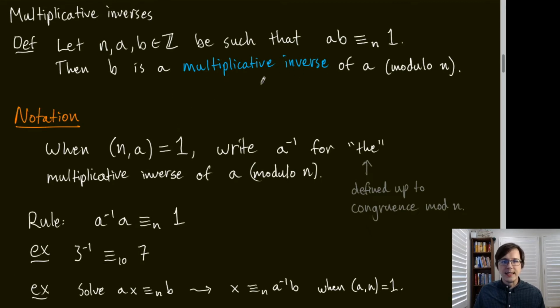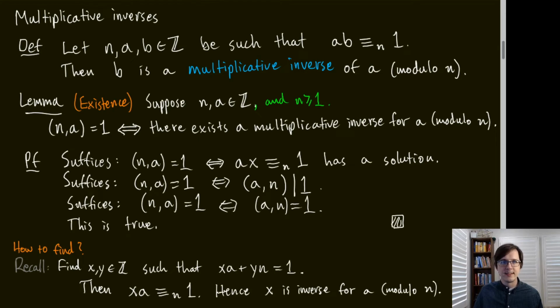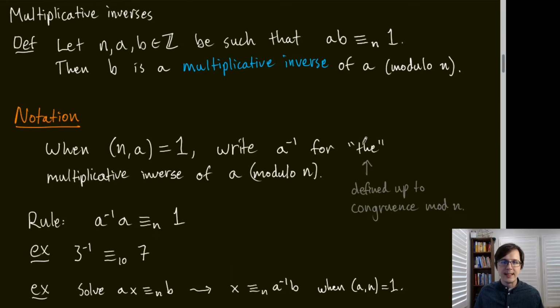Given that we know that inverses are unique up to modulo, and also the condition when they exist, when that condition holds, let's write a inverse, or a to the minus 1, for that x that we get down here. I'm putting "the" in quotes because there are a lot of integers that could be the inverse, but they're all equivalent modulo n.